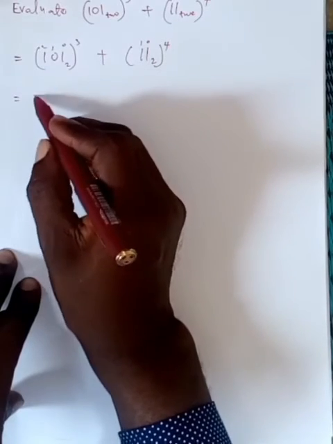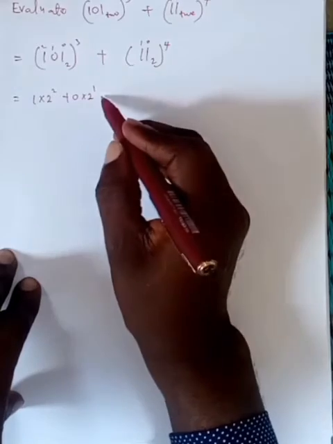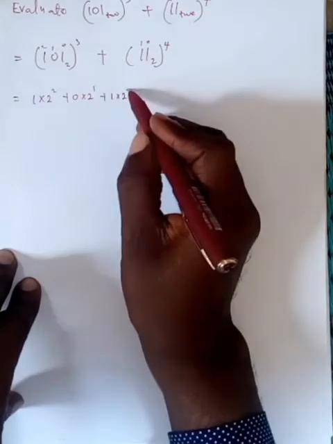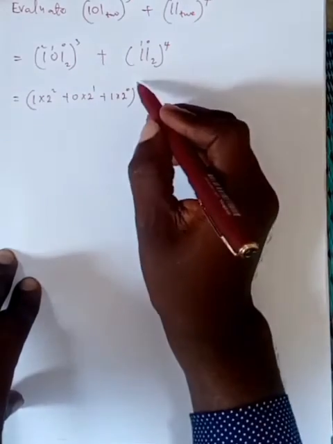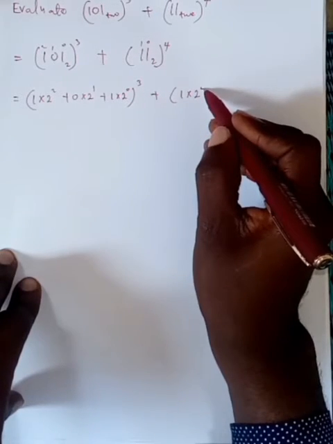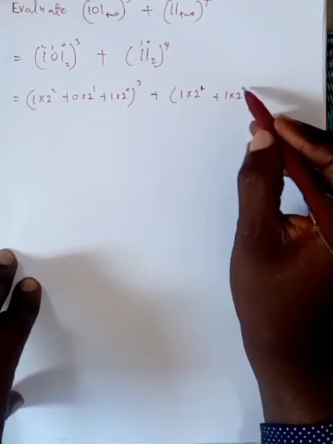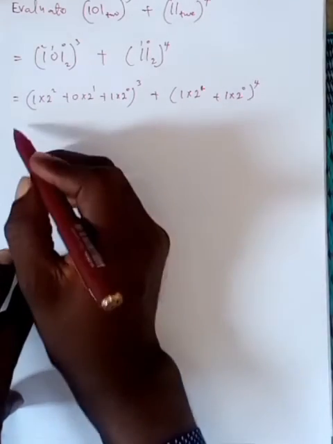So that becomes 1 times 2 raised to power 2, plus 0 times 2 raised to power 1, plus 1 times 2 raised to power 0, everything raised to power 3, plus 1 times 2 raised to power 1, plus 1 times 2 raised to power 0, everything raised to power 4.